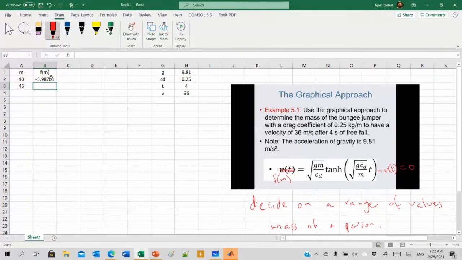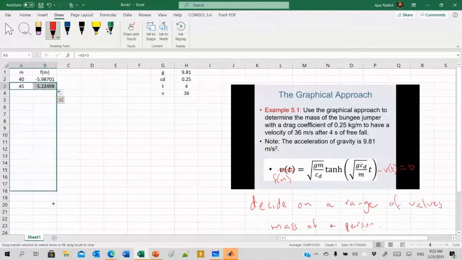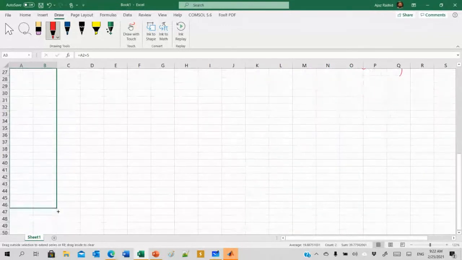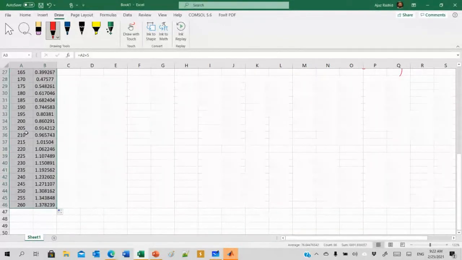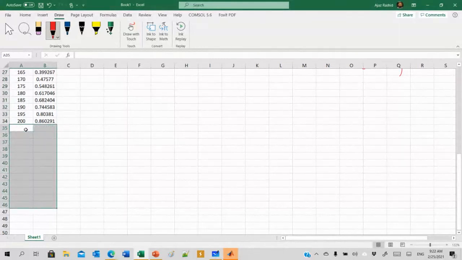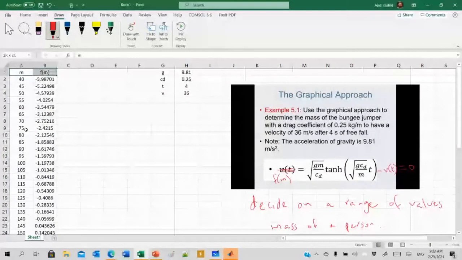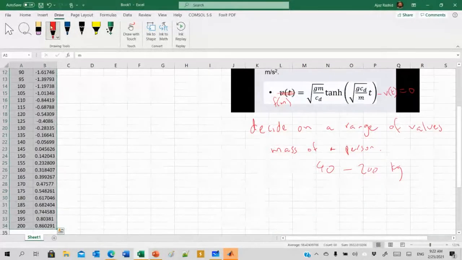And we can copy this down, and we can copy both of them down to reach 200. Okay, let us stop at 200. I'll select both of them and I'll plot them.